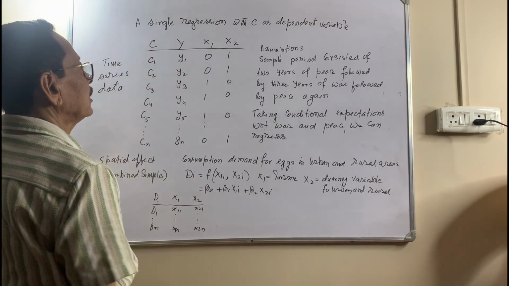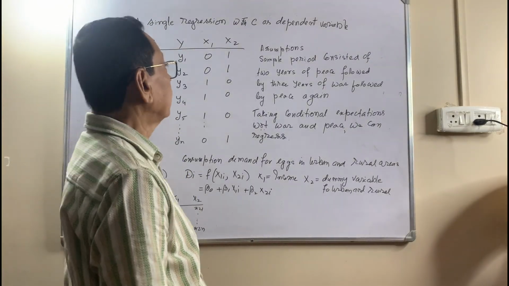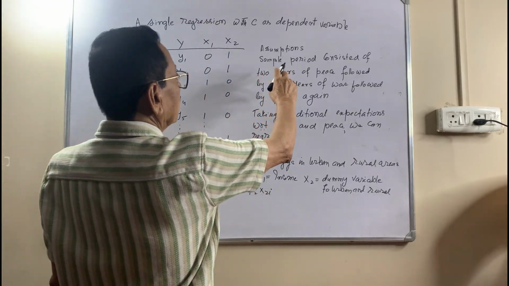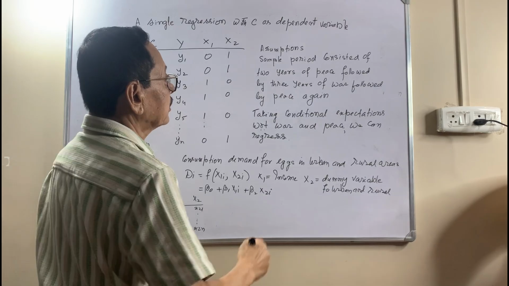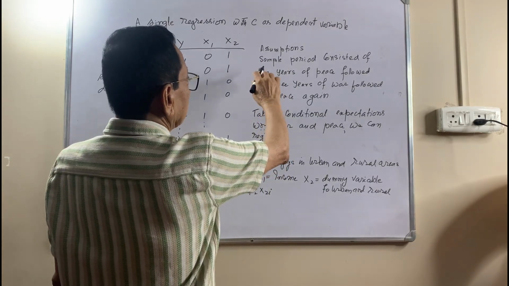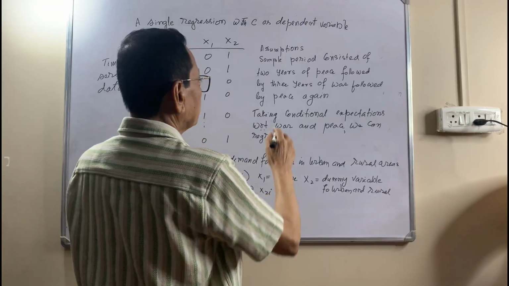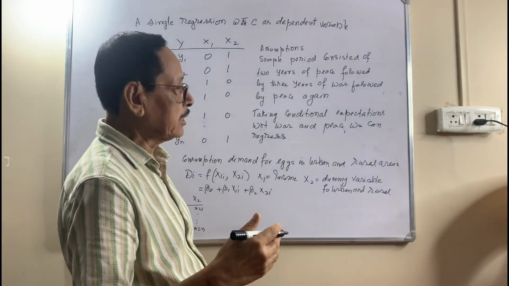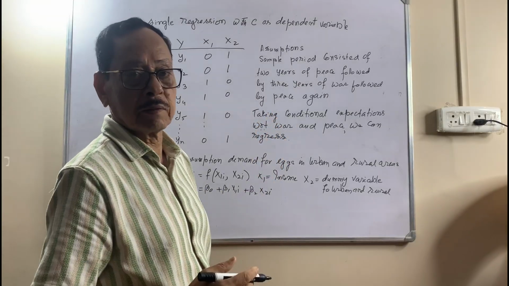A single regression with consumption as dependent variable. We assume that the sample period, suppose it's a time series of 60 years or 70 years, whatever may be. The assumption is that the sample period consisted of 2 years of peace, followed by 3 years of war.